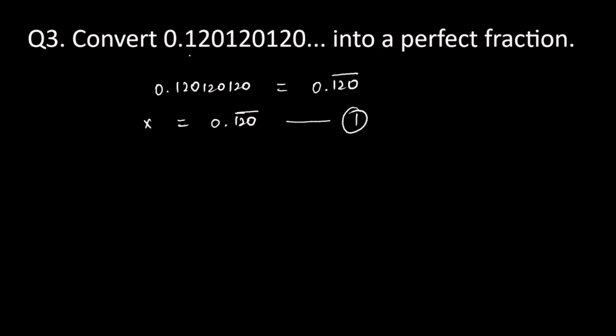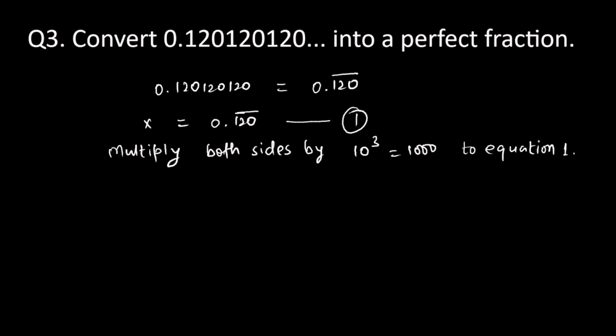Since here 3 digits are repeating, let's multiply by 10 to the power 3 on both sides. So we have 1000x is equal to 120.120 repeating, as the decimal point shifts 3 digits to the right. Since the digits 120 repeat right after the decimal point, we label it equation 2.